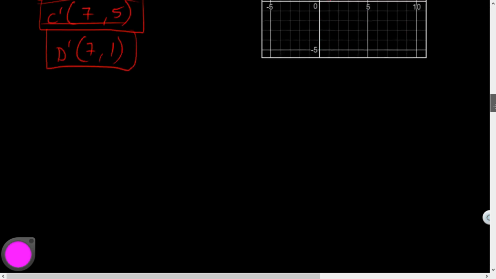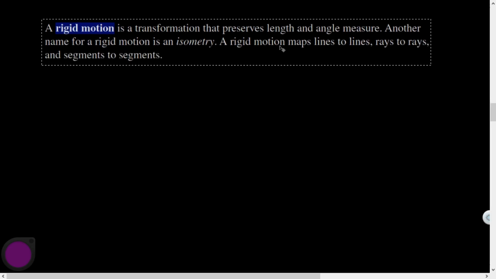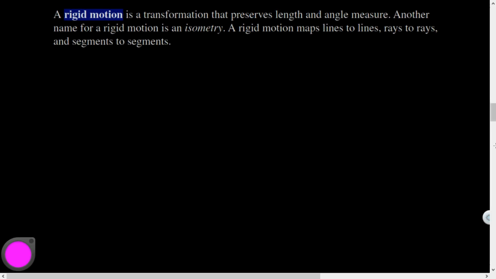A rigid transformation, and this is a definition that's going to help us out for the rest of this chapter. A rigid motion is a transformation that preserves length and angle measure. Another name for a rigid transformation is an isometry. Iso, I believe, means equal, and metry means measure. So a rigid motion maps lines to lines, rays to rays, and segments to segments.